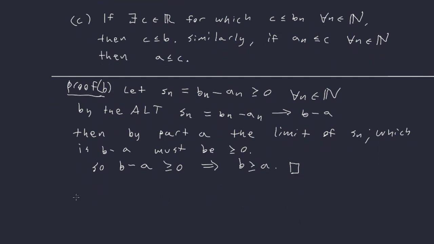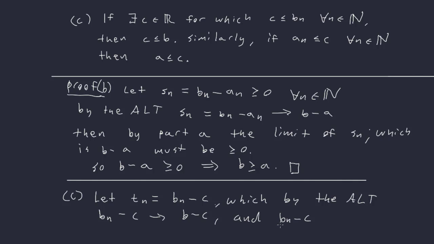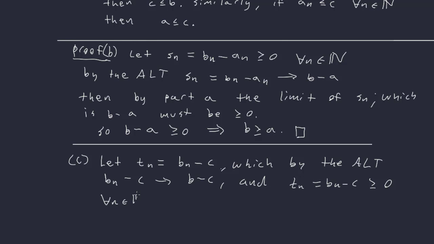We can do something very similar for part C. Okay, for part C, let's let T sub n be the sequence B sub n minus C. Okay, which by the algebraic limit theorem, Bn minus C converges to B minus C, and Tn, which is equal to Bn minus C, will be greater than or equal to 0 for all n in the naturals.